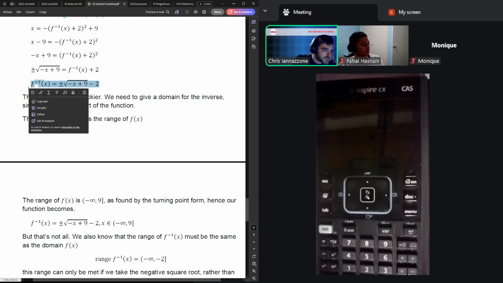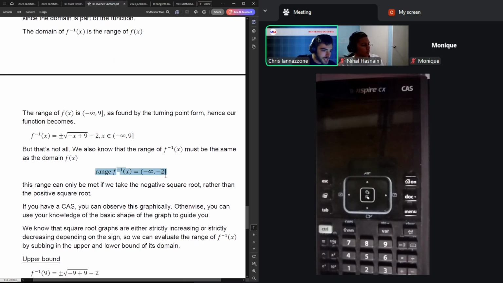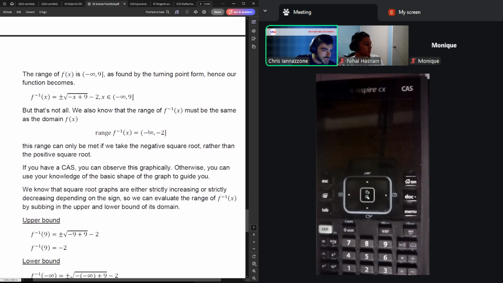So we know the domain of this has to be from -infinity to 9, so we can do that. Finally, we're going to use that range information to help us out. So we knew that the domain of the original was from -infinity to -2. That means the range of the inverse must be the same thing.